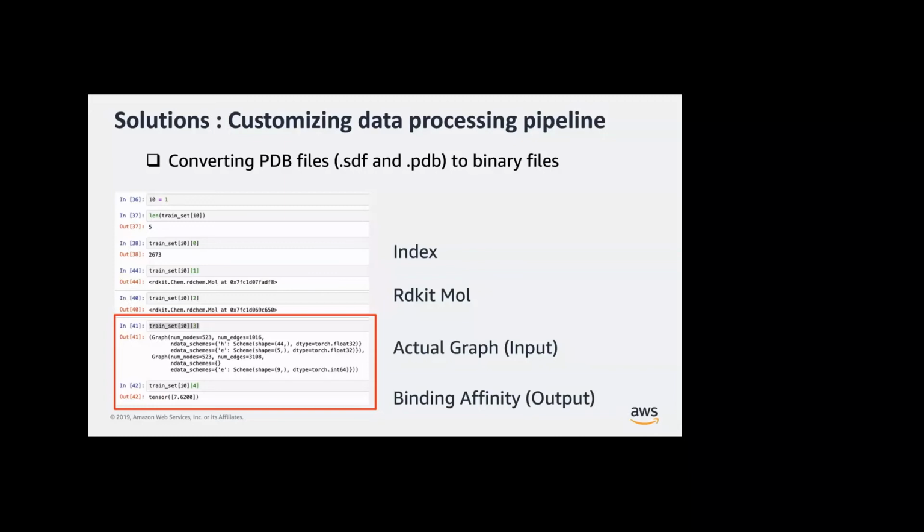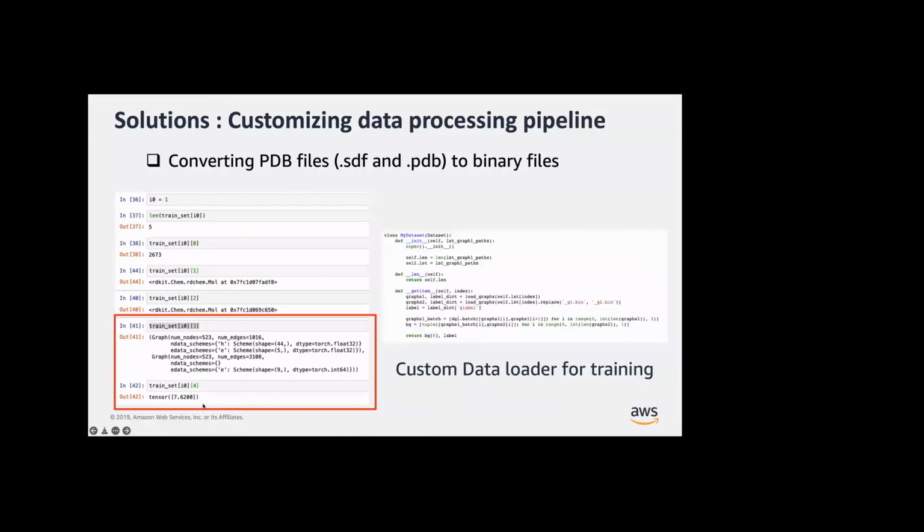The actual graph component is stored in index 3. And this is an important one: index 4 is the binding affinity number, which is the output to the graph neural network. So you actually need those two, index 3 and index 4.